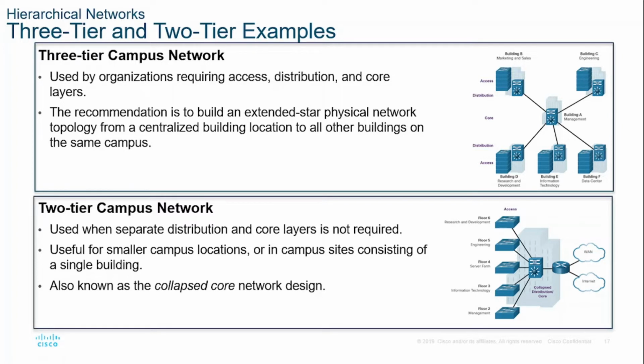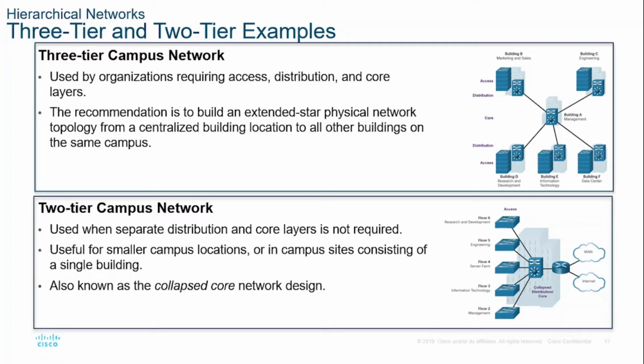While the two-tier campus network design is used when separate distribution and core layers are not required. This is useful for smaller campus locations or campus sites consisting of a single building. This is also known as the collapsed core network design. So if you have a single building network, a two-tier campus network is recommended.